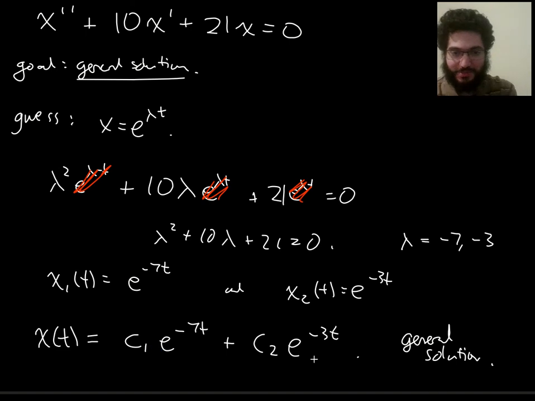So what I'm trying to tell you is, please write your general solution in standard form to be marked correct. So follow this kind of procedure, and don't multiply. Once you get your exponentials with base e, don't multiply by additional constants.